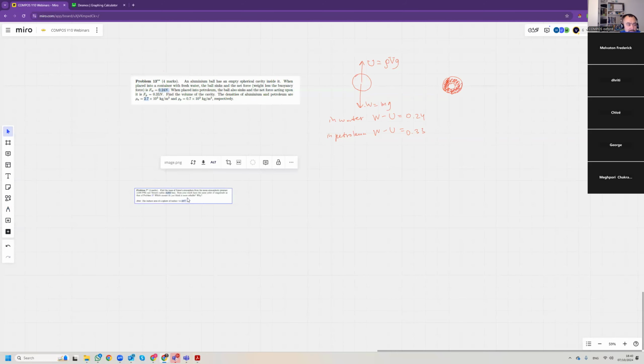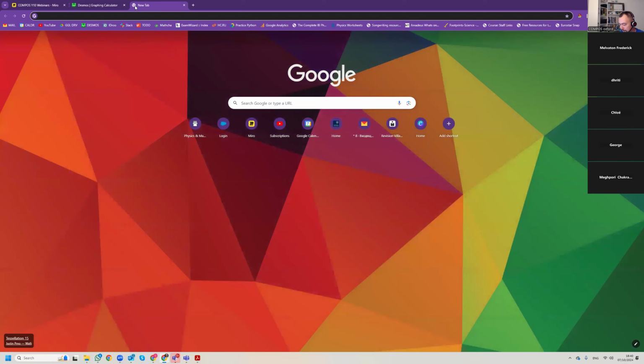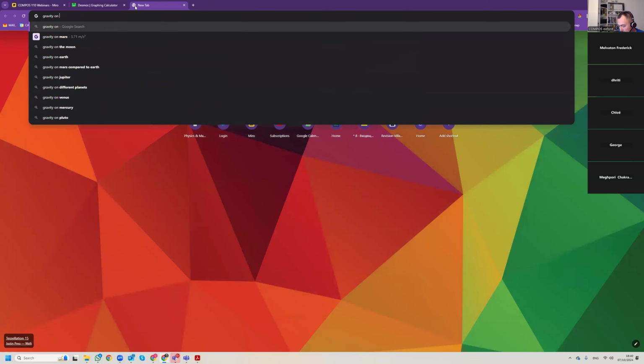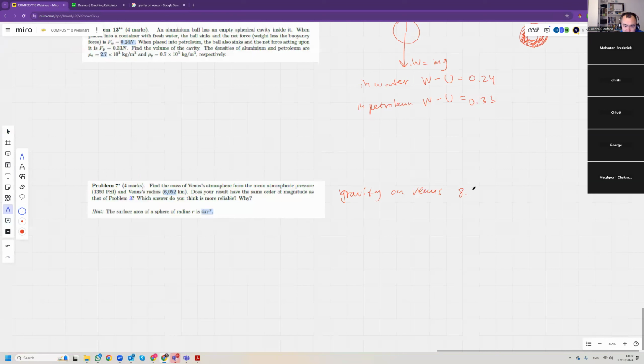So for problem 7, you do need the gravity on Venus. What's the gravity on Venus? 8.87. Oh, nice. It's not that far off. 8.87 newtons per kilogram. Okay. So you can use that.